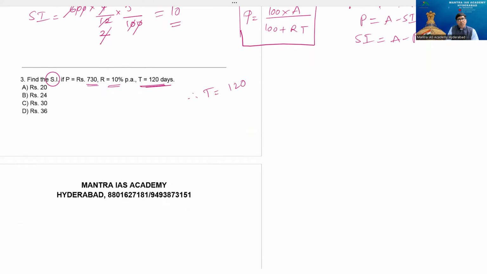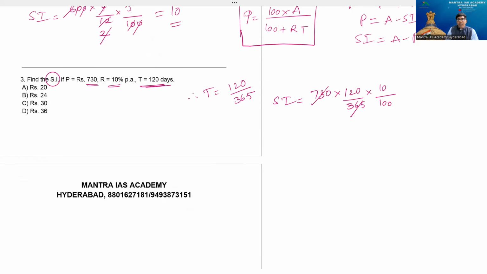T is equal to 120 by 365. Therefore, SI is equal to principal 730, times 120 by 365, times rate 10% by 100.